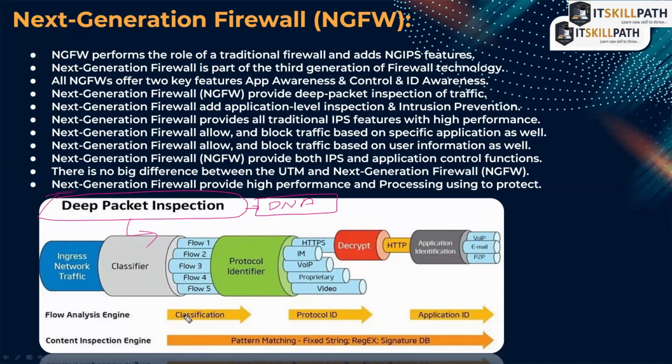Okay. So if we are asked the difference between UTM and next generation, what will it be? So UTM didn't have a capability to identify the user. Okay, content ID, user ID, and application. It has capability to identify the application as well.